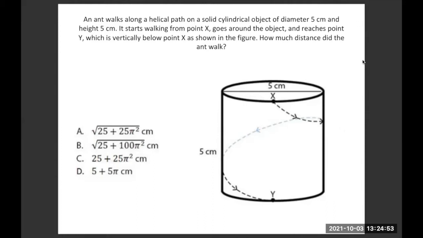Any suggestions on how to find the length of a spiral? Or any suggestion on how to calculate this, even if you're not aware of the spiral?